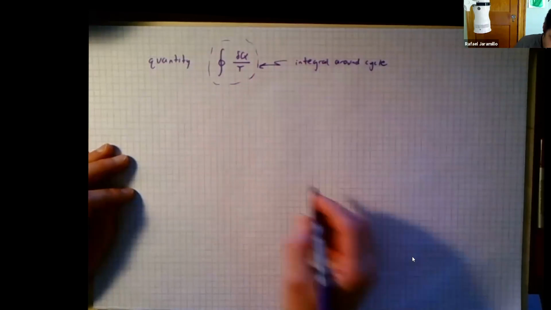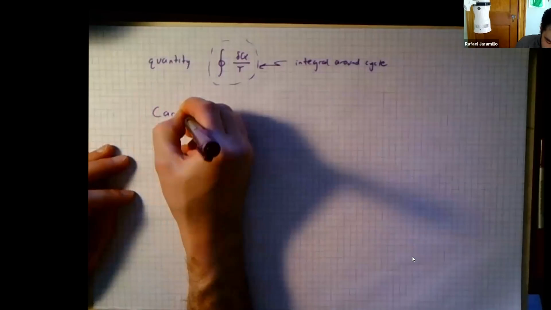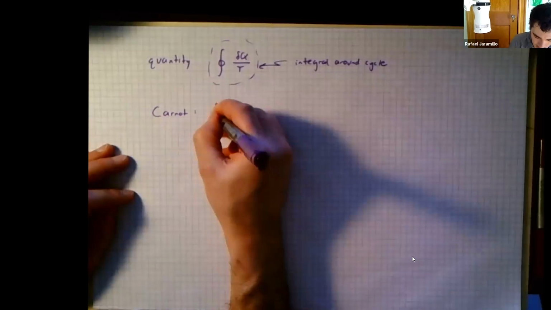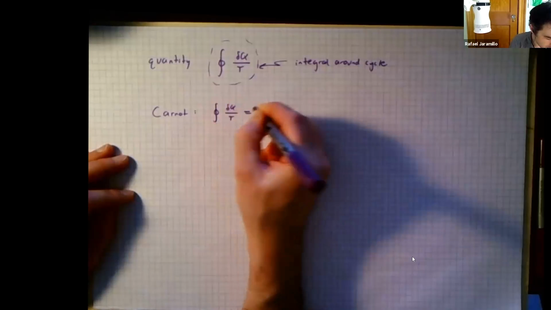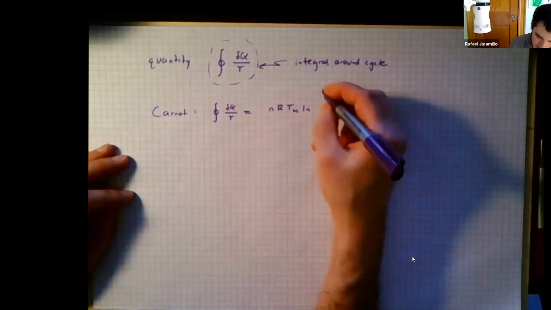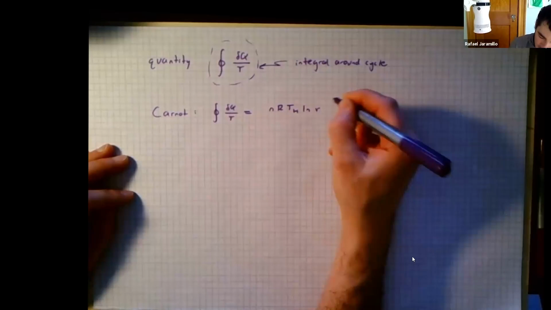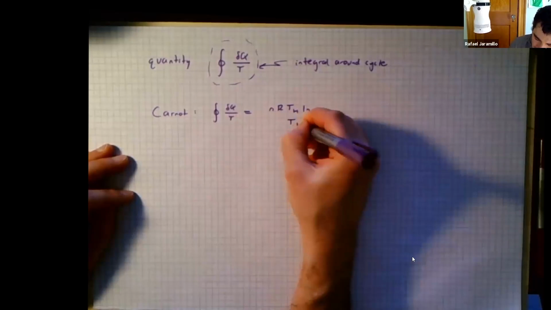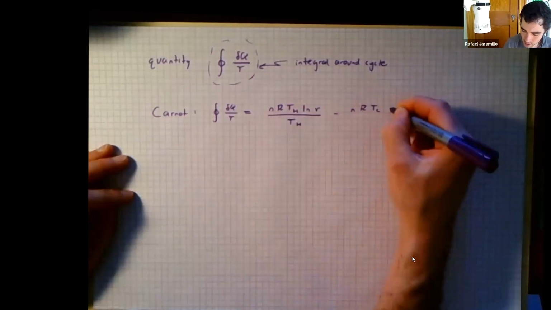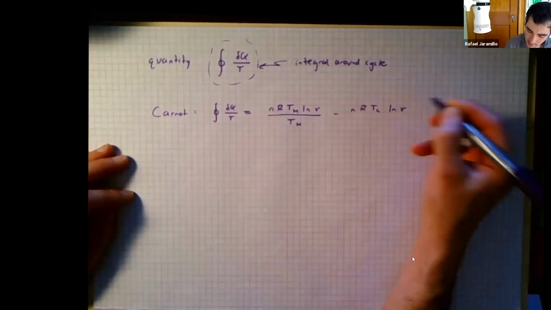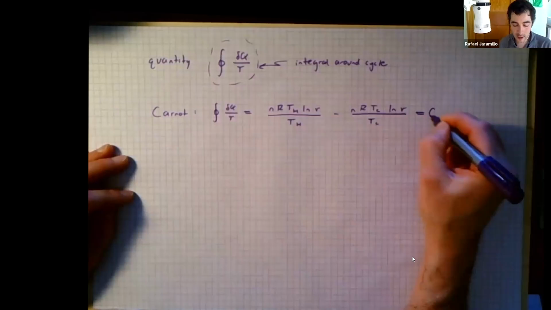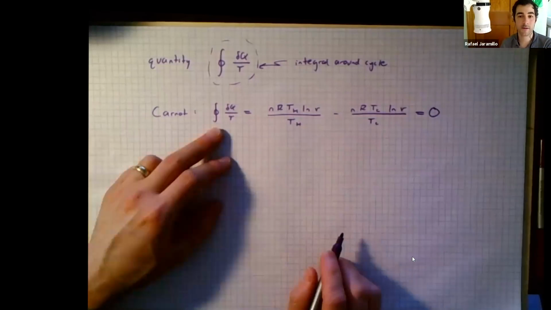So for a Carnot cycle, the integral of dq over T equals nRT_hot log v over T_hot minus nRT_cold log v over T_cold. So this funny thing just happens to be 0 for Carnot.